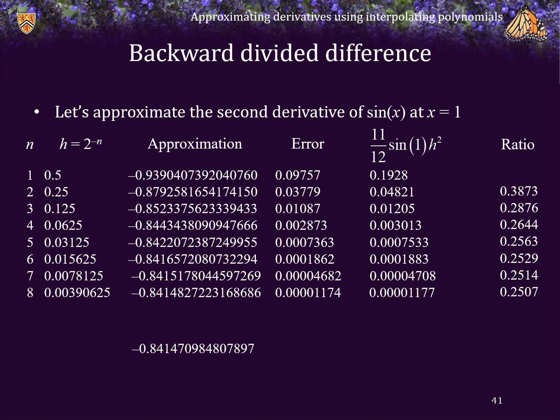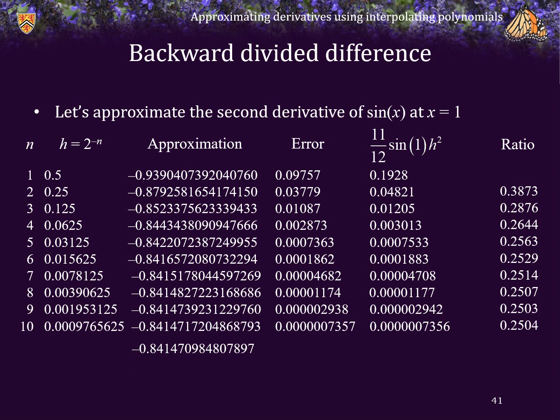So carrying on, we get better and better approximations. And with h equal to 2 to the negative 10, it seems that once again we have 6 digits of precision. So pretty nice.